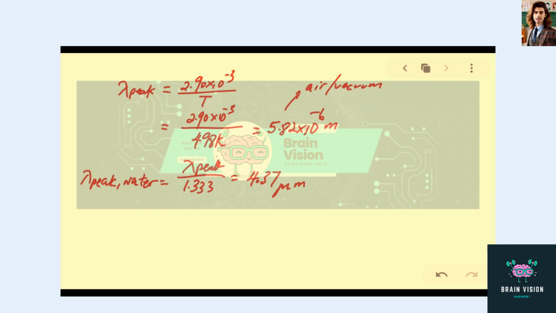On the other hand, for the frequency, the frequency would not be changed whether you're in water or in air or in vacuum. So this doesn't change, it's just c over the original peak wavelength.